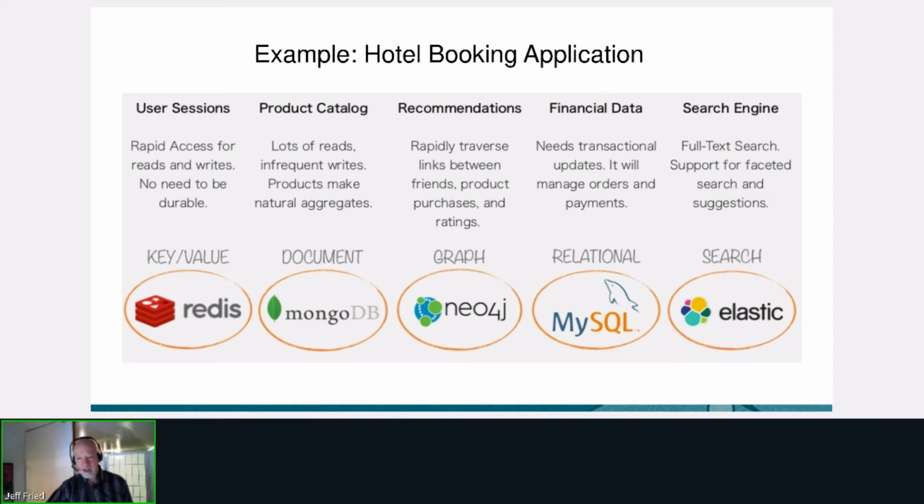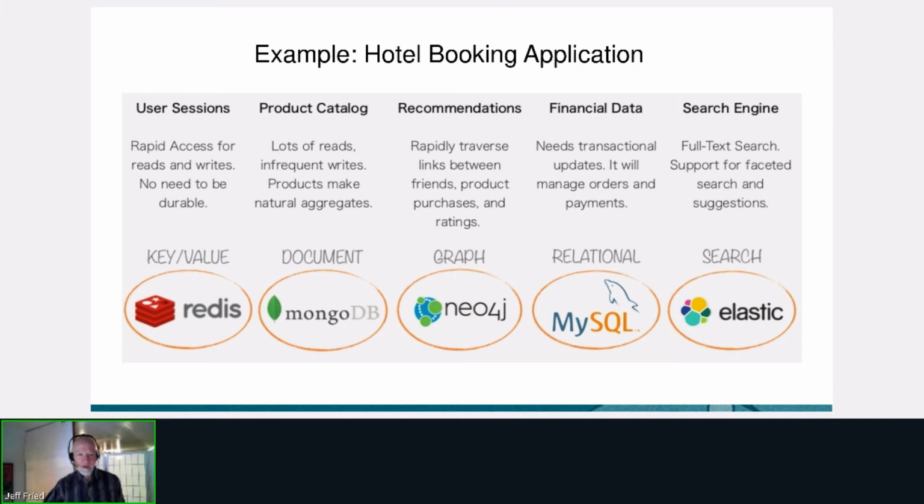I did an analysis along with a colleague from a company called ArangoDB of a hotel booking application. And this is something which used 5 different underlying data stores, as you can see on this slide.